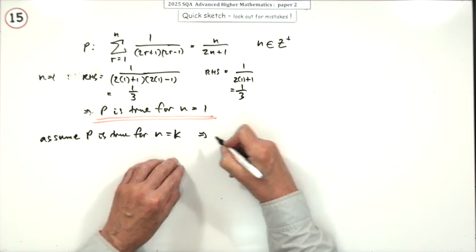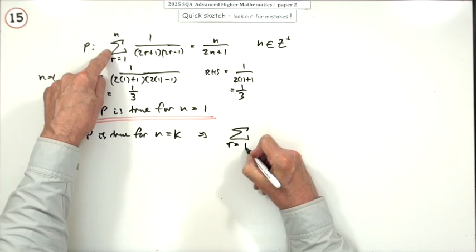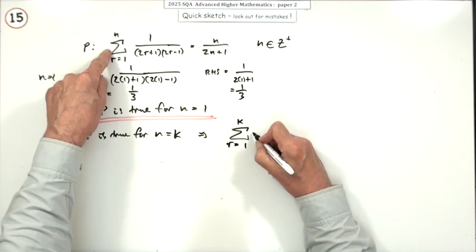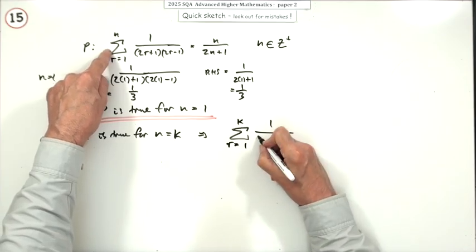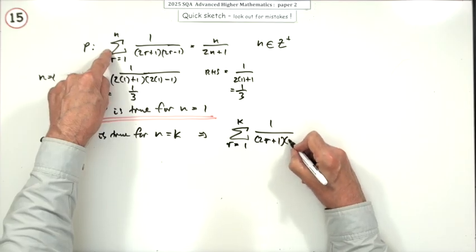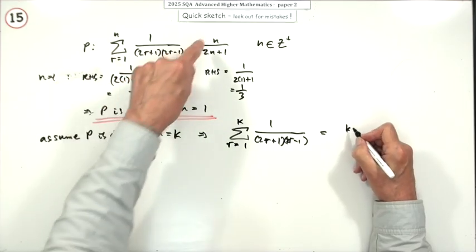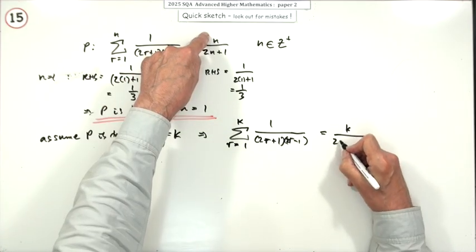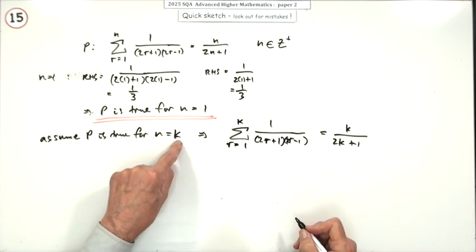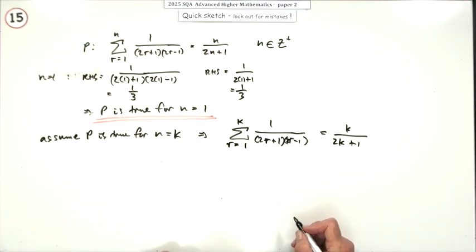If that was the case, that means that if you were to do sigma r equals 1 to k of 1 over 2r plus 1 times 2r minus 1, the answer should be k over 2k plus 1. k being the number at the top, k being the number that you put in. Right, so that's the inductive hypothesis.